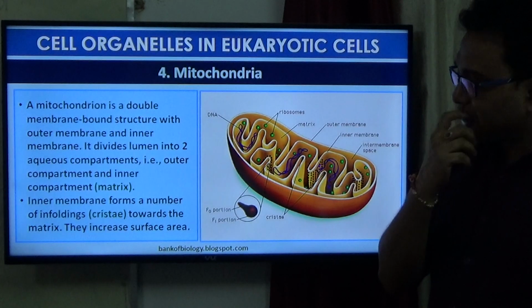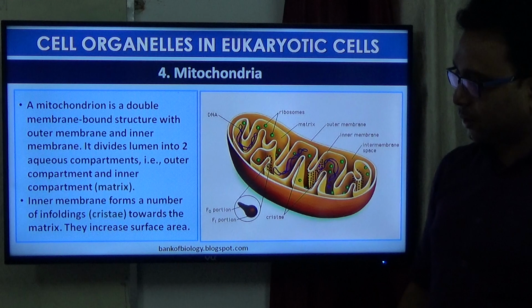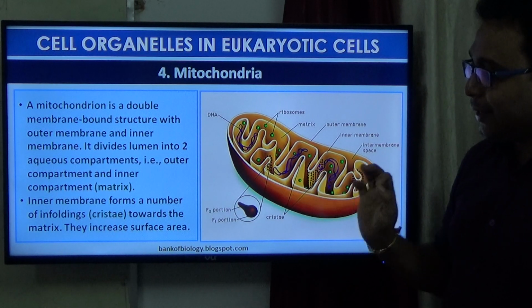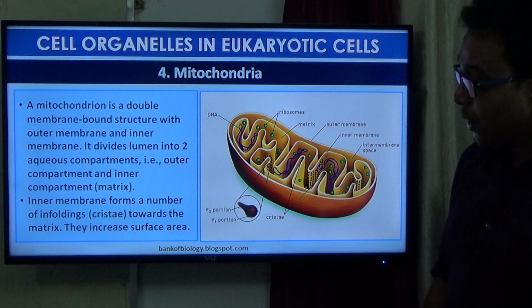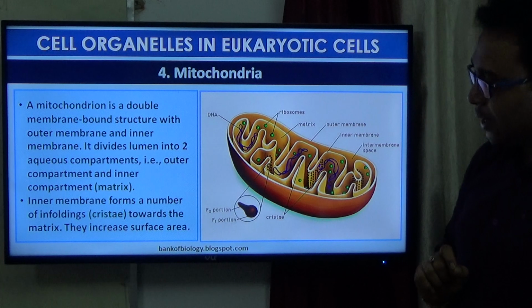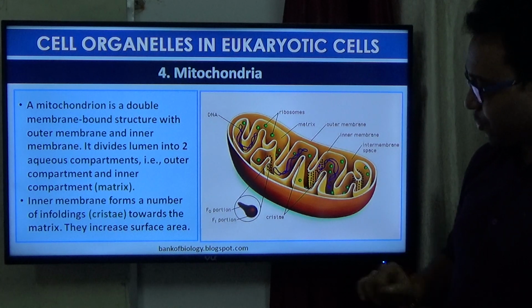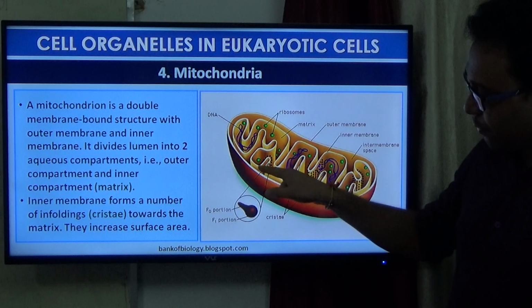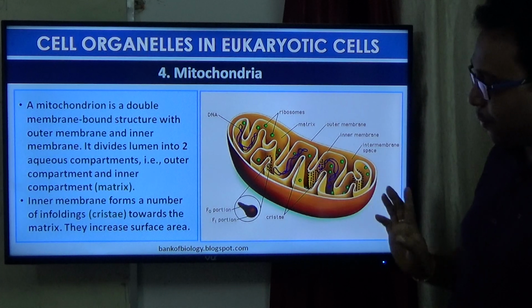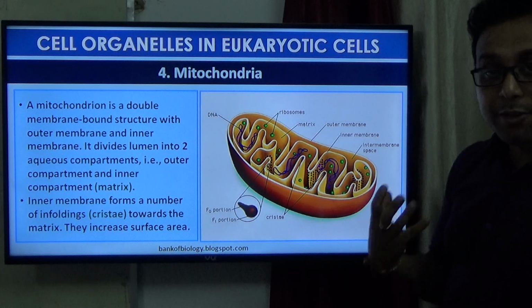But you know mitochondria have a double membrane structure, right? Two membranes you can see, the outer membrane and the inner membrane. It is divided into two compartments: the space between the two membranes is called the outer compartment, and inside it is called the inner compartment, the matrix.